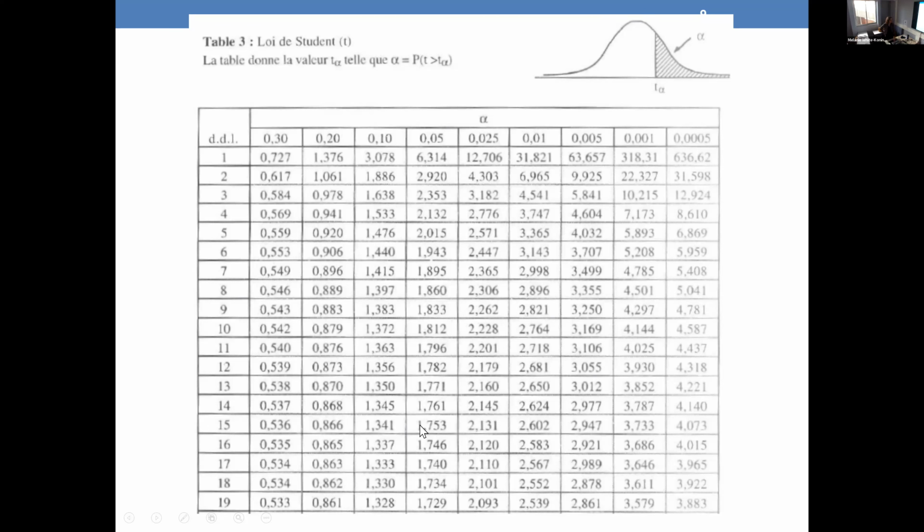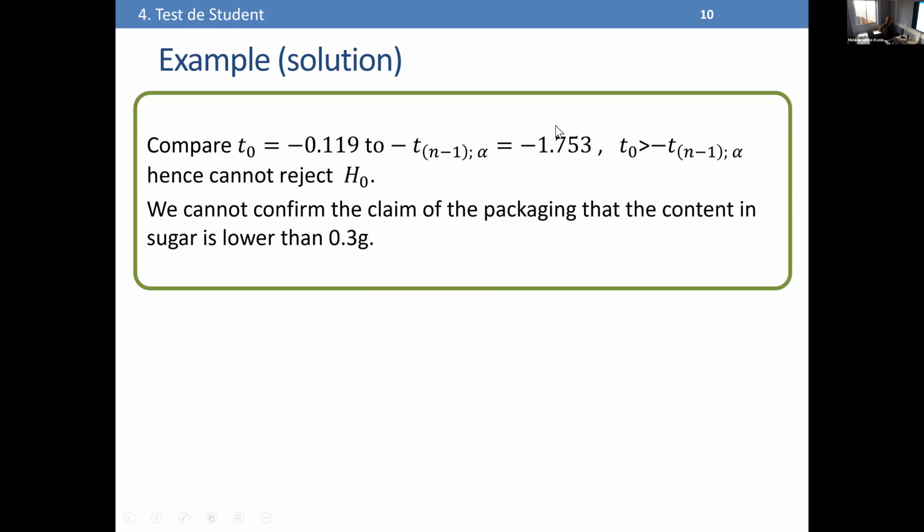So that means our threshold is minus 1.753. And we can see that this observed value, minus 0.119, compared to the threshold, is greater than it, which means we can't reject the null hypothesis. So if we do not reject the null hypothesis, we cannot confirm that the sugar content is lower than 0.3 grams.